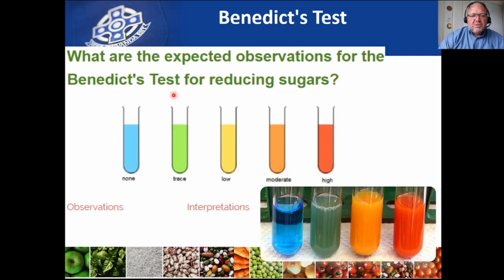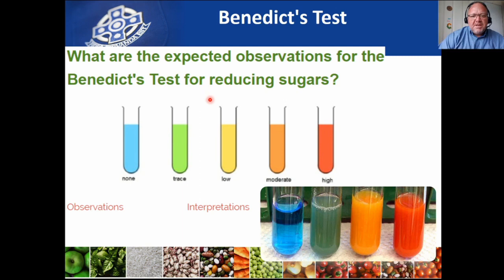So what we saw when they came out is that if you had no sugar at all, in other words, if this was a solution with no sugar at all, it would have had a blue color. So if you did this with water, it would have ended up looking like that. Then something with very little amounts of sugar is going to show up as green. There's a real life version.